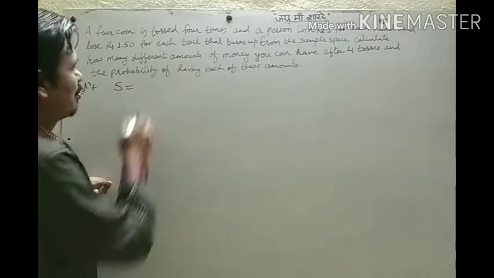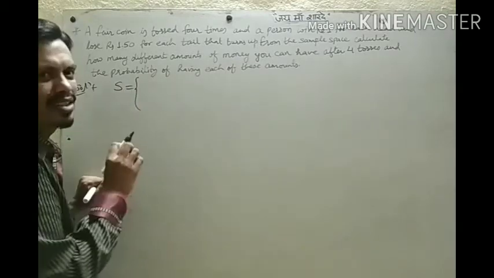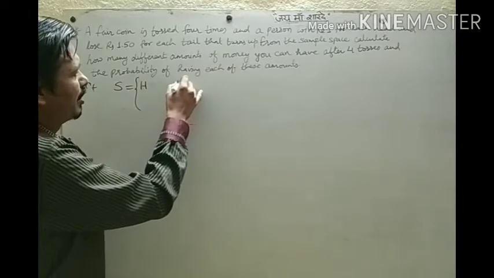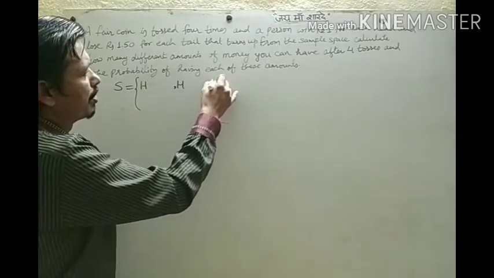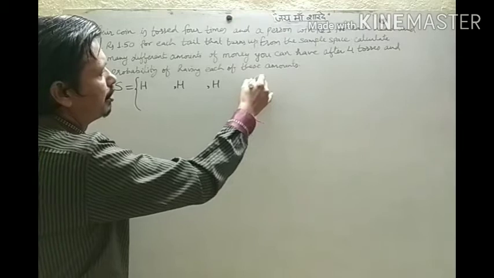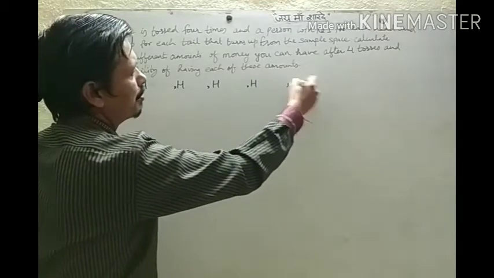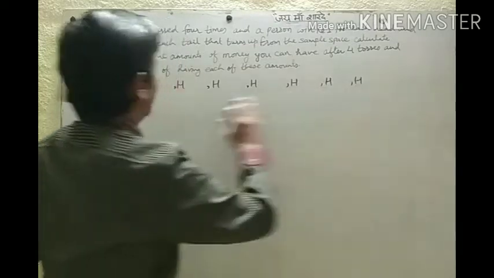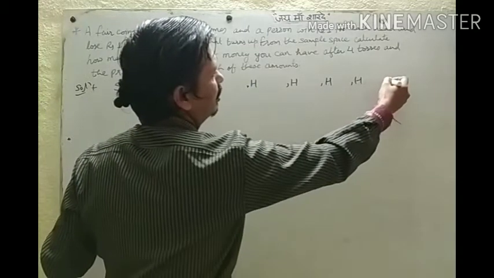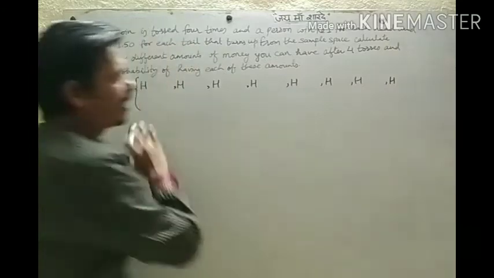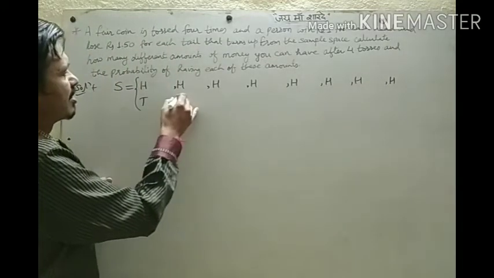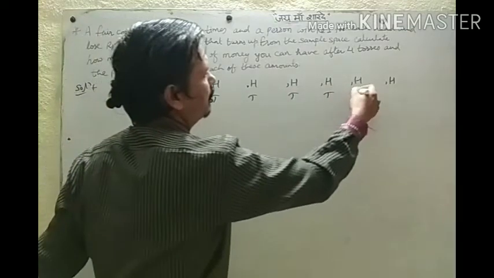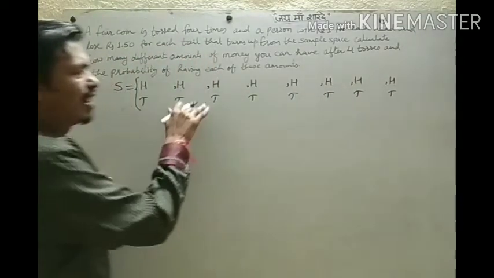Then how to write 16 points? The process, I told you: half times you can take head, then half times tail. 8 heads and 8 tails. Then write its half, means 4.